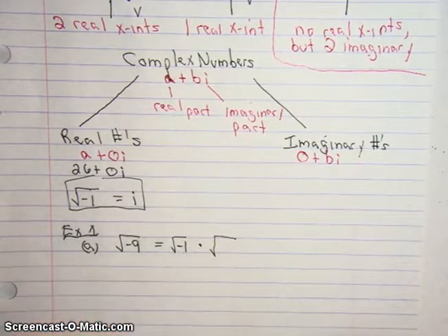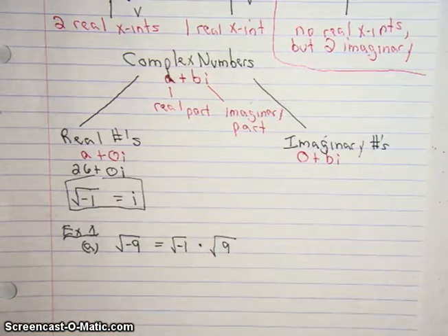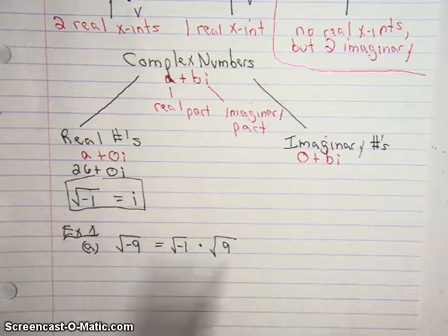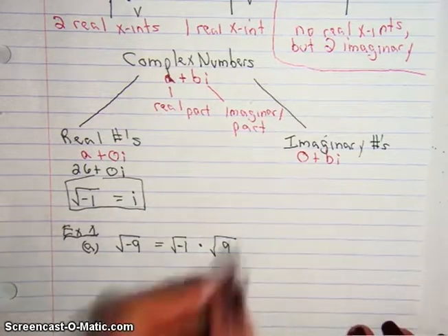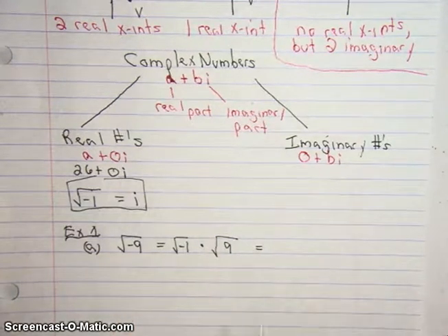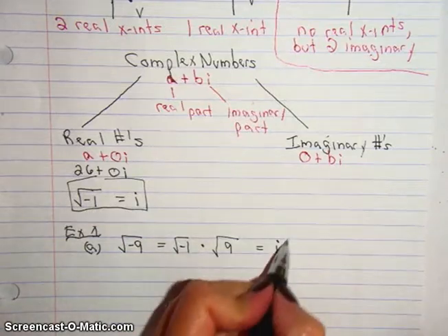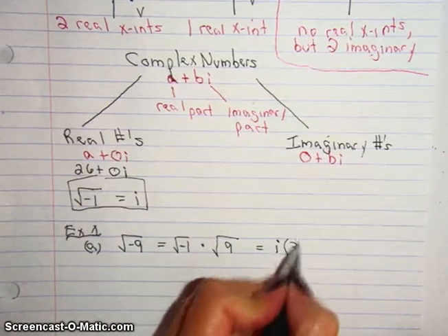One of them is -1, the other one is 9. Now, can we multiply things under roots? Yes. So -1 times 9 is -9. Everybody agree? Okay. But the square root of -1 is the letter i. And the square root of 9, gang, is 3.